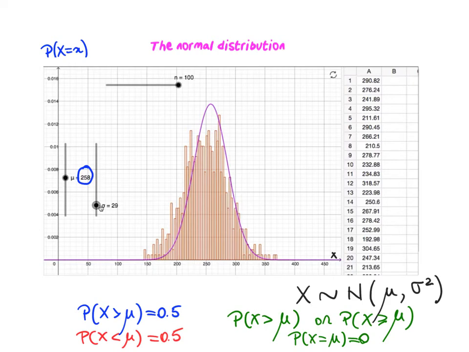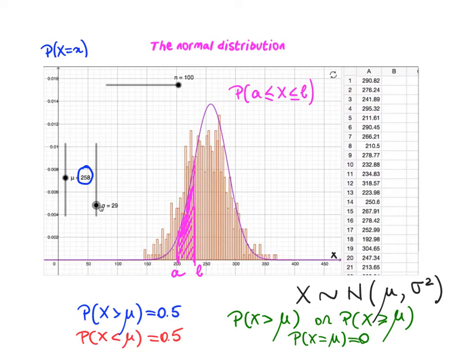Later on, as mentioned, we will use this distribution to calculate probabilities, for example the probability of x being between a and b. And again, it doesn't matter if it's less or equal, it doesn't matter. If you take a here, wherever it will be, and b somewhere here, depending on the numbers, the probability of x being between a and b will be this area under the graph.